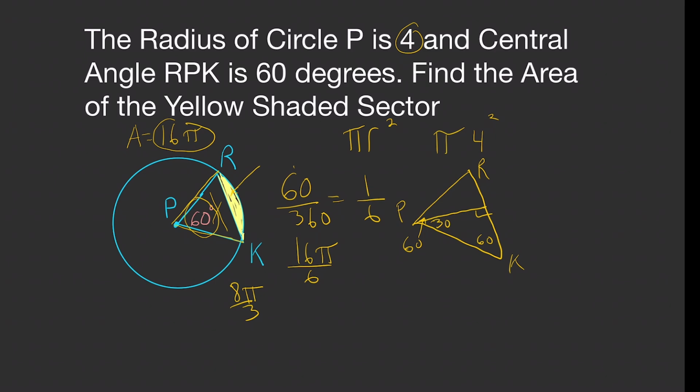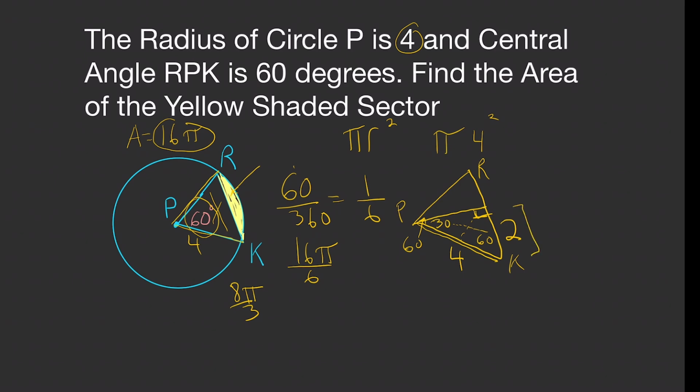I do know that the radius is 4, right? So the radius PK is 4. Using my 30, 60, 90 triangle, because this is the hypotenuse right here, across from this right angle, if the hypotenuse is 4, that means the side opposite 30, this part, would be 2, from here to here.